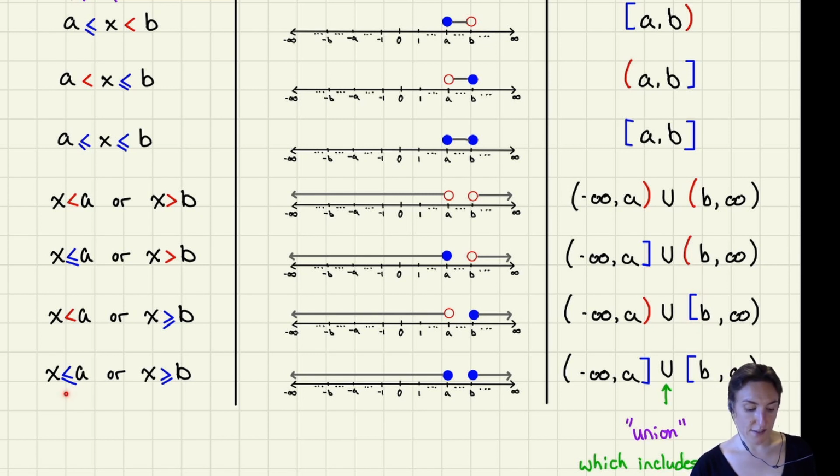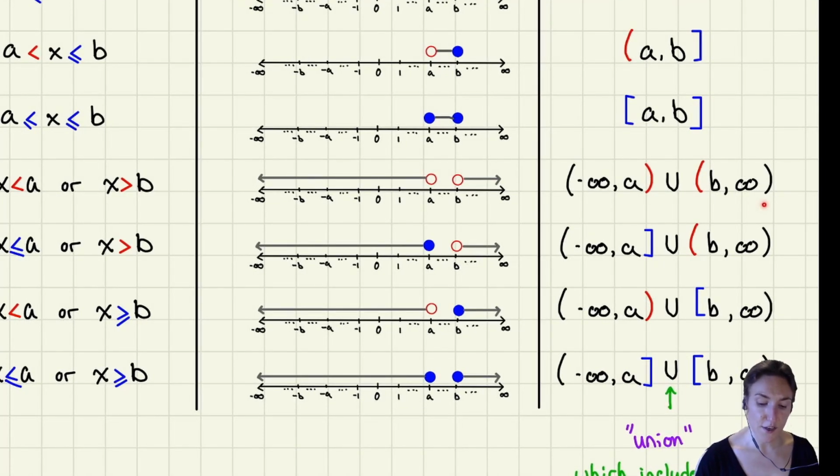In the case where x is less than or equal to a, or x is greater than or equal to b, then these circles become filled in. I still have to split up my interval into two parts, and then union. And graphically, it's sometimes easier to figure this out by first graphing it. When you have a gap in between, that's when you use this union.